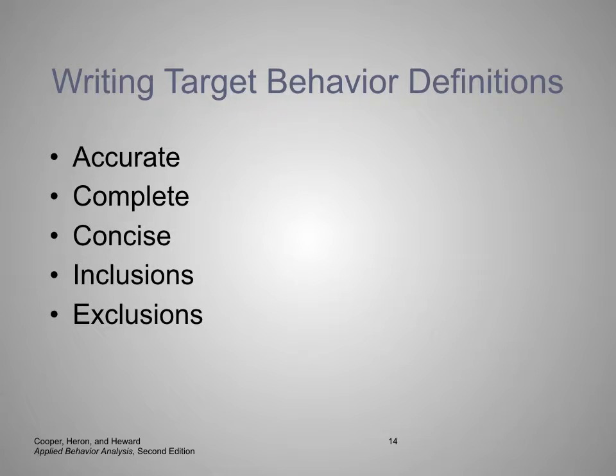A good definition of a target behavior provides an accurate, complete, and concise description of the behavior to be changed, and it also states what is not included in the behavioral definition. So your well-written target behavior must satisfy these 5.